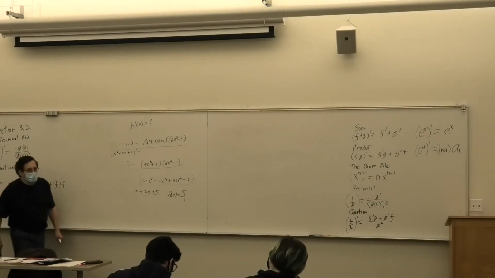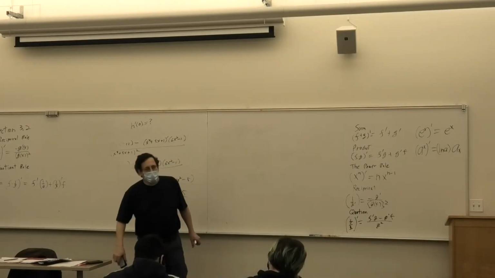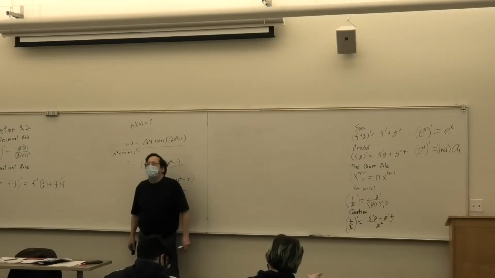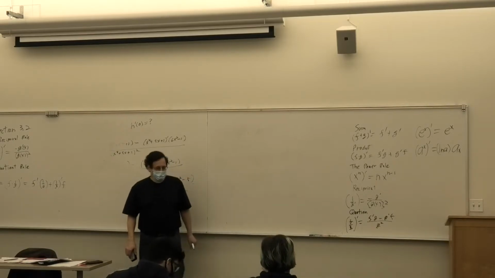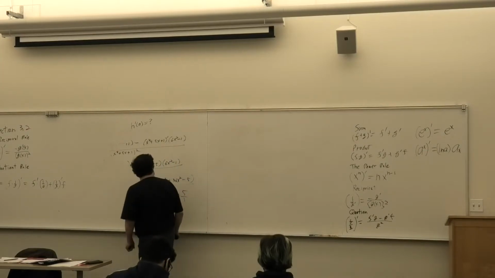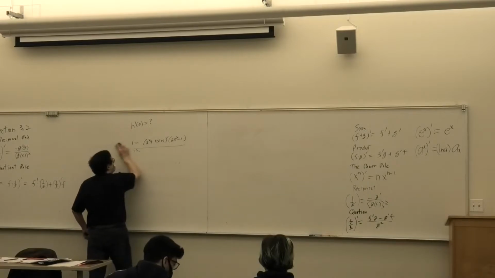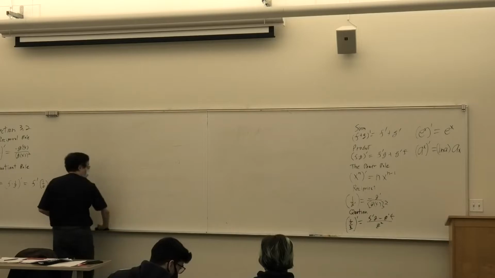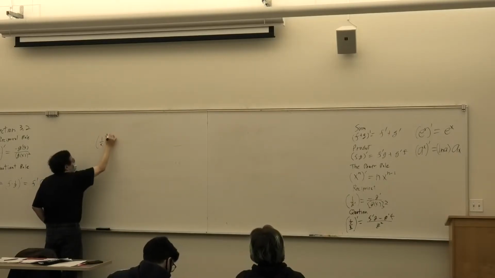Yes? Are there certain times where you need to use specific rules, or is it kind of, if this rule fits better and it makes it clearer, use that one? The latter. There often are, let's do a simple example. What's the derivative of 1 over x?